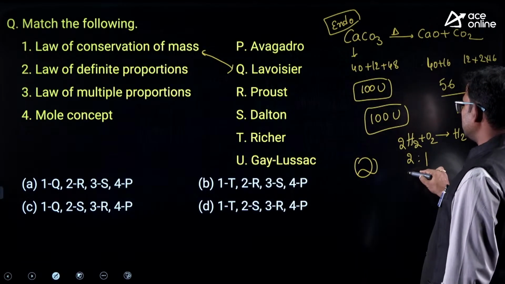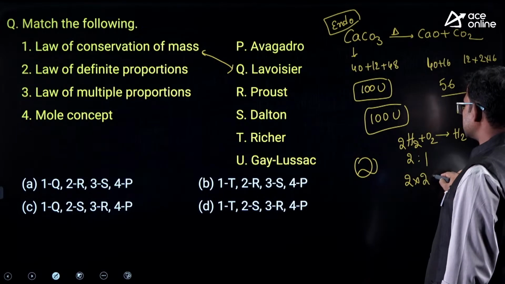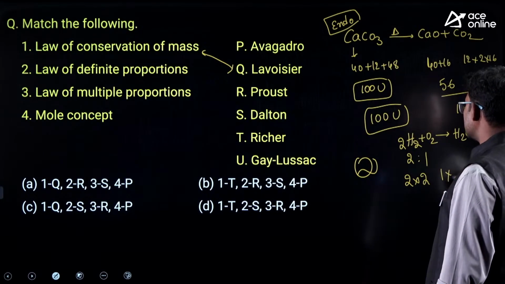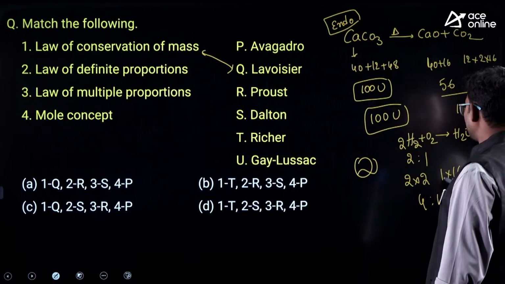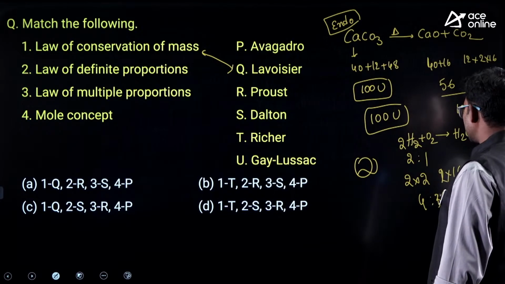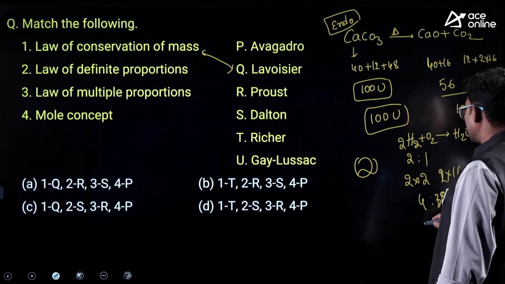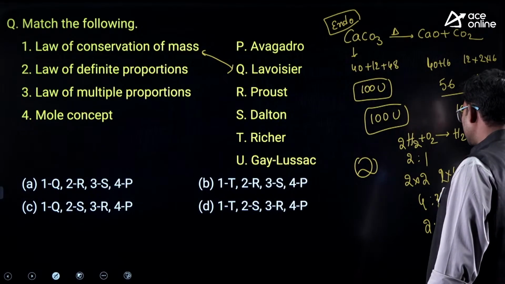How many hydrogens does it have? 2 hydrogens. How many oxygens? 16. Each one is 16, no? 2 oxygens, right? That's why we have to consider 32. So 2:16, that is 1:8.